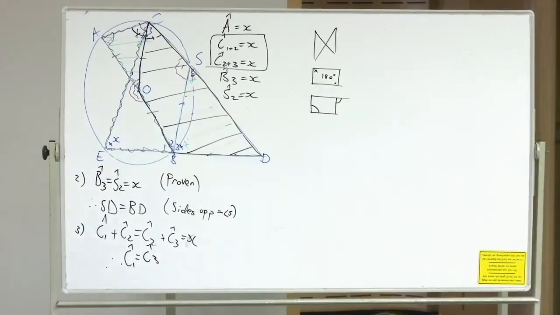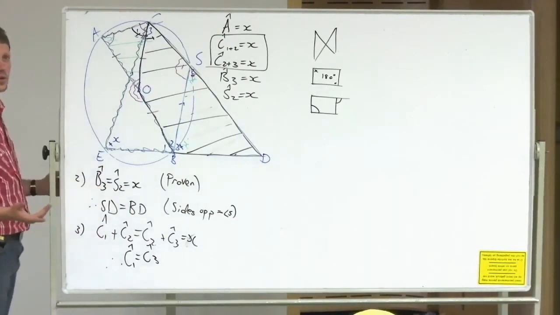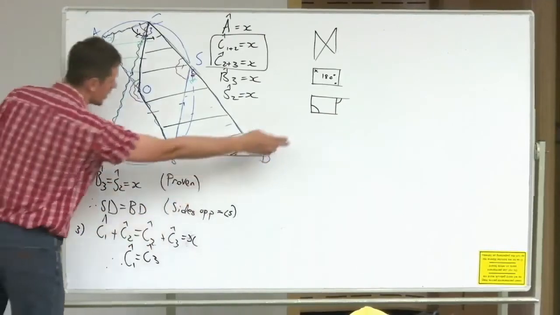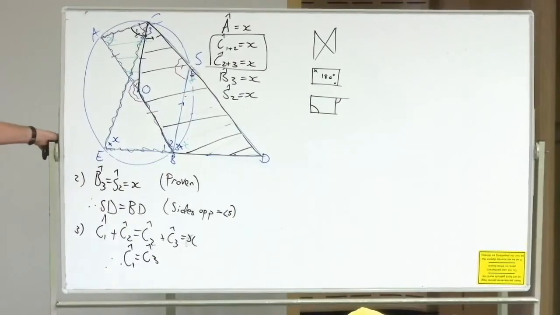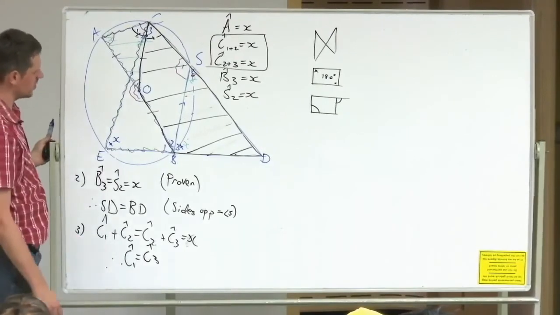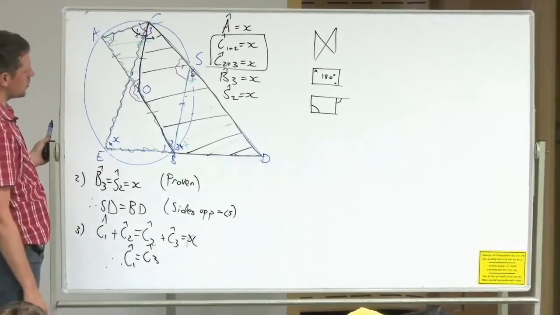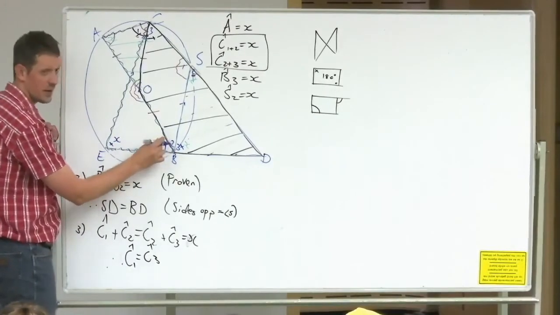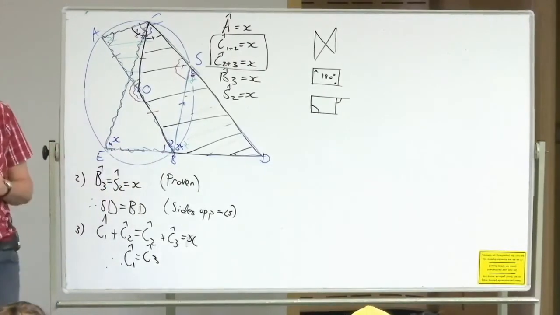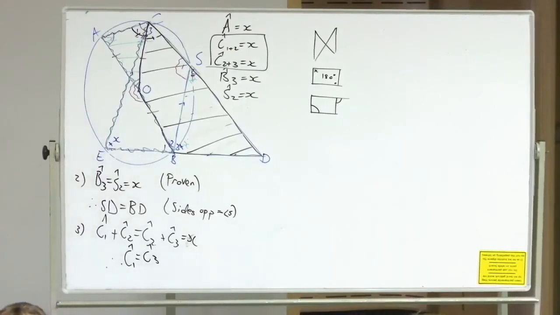Now there isn't a bow tie, so I can't look at theorem 4. I can try and look at the exterior angle. Now what would be our only exterior angle is B1. But do I know anything about B1?